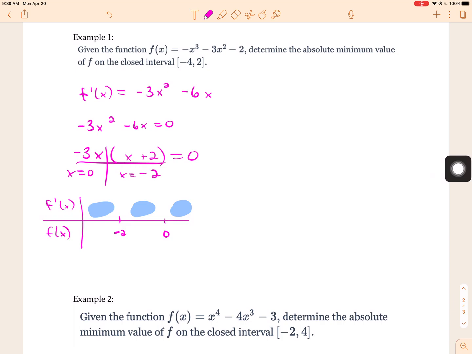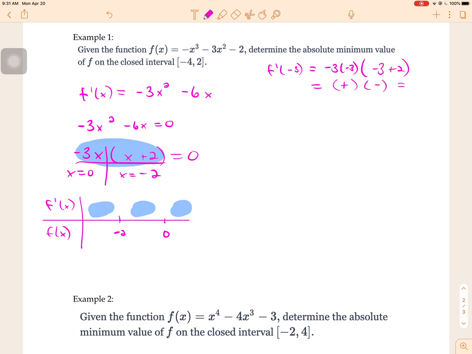So we have to find what's f prime of, let's do -3 first. And remember, just a hint, use the factored form because you only care if it's positive or negative. You don't really care what the number is. So I'm going to write -3 times -3, and that times -3 plus 2. So -3 times -3 is positive. -3 plus 2 is negative, which means a positive times a negative, negative.